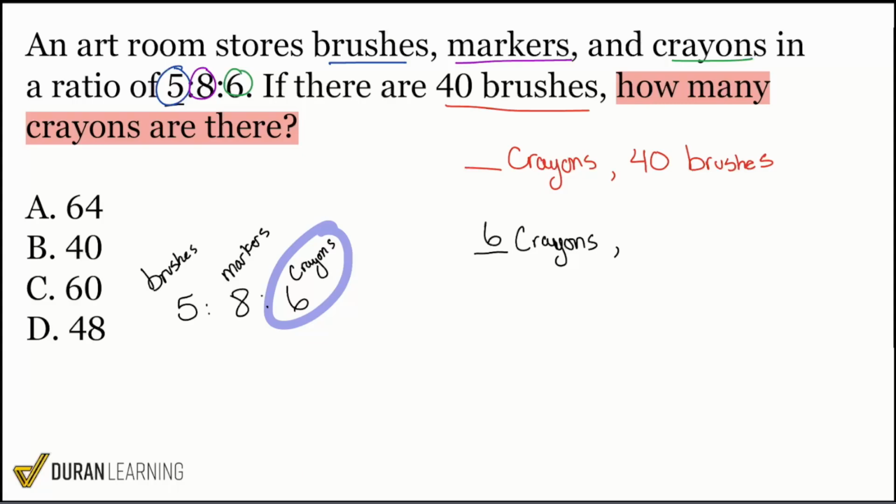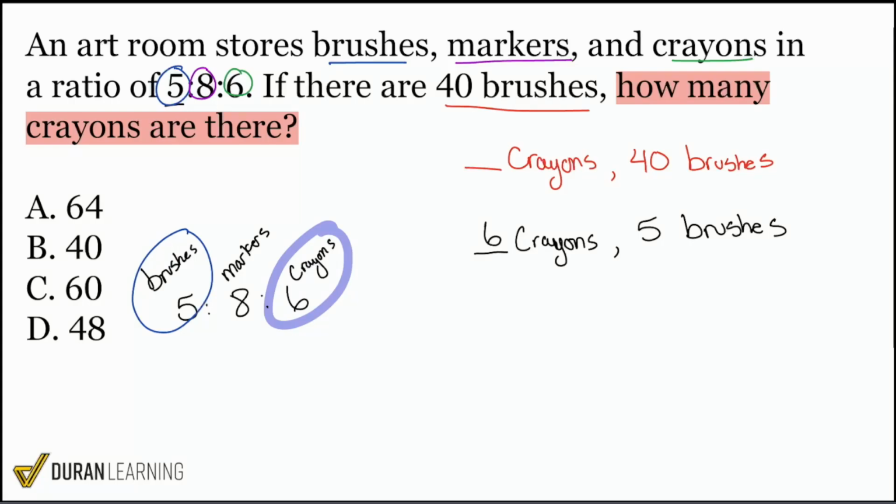If you're thinking 5, give me the reason why. Brushes. Exactly. What did we say before? Compare the same things in the same way. We have 5 brushes right here, so we will write 5 for brushes over here.